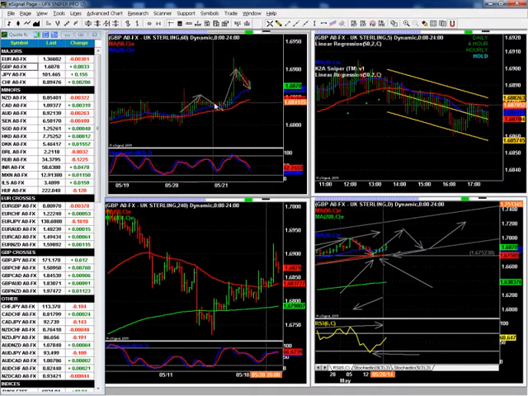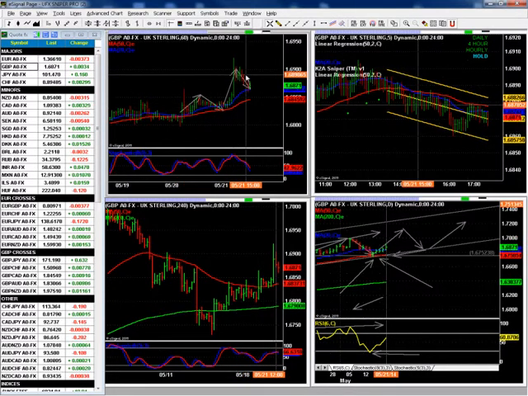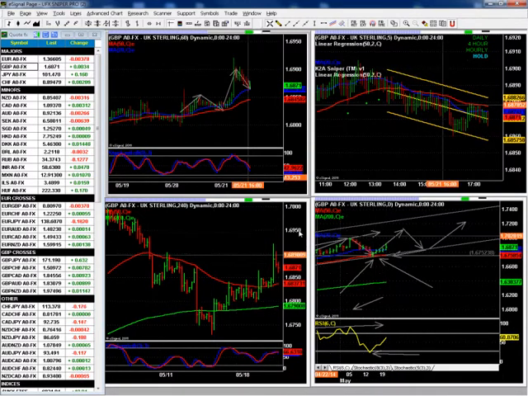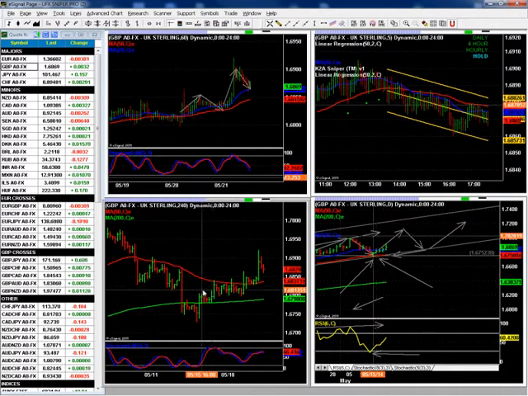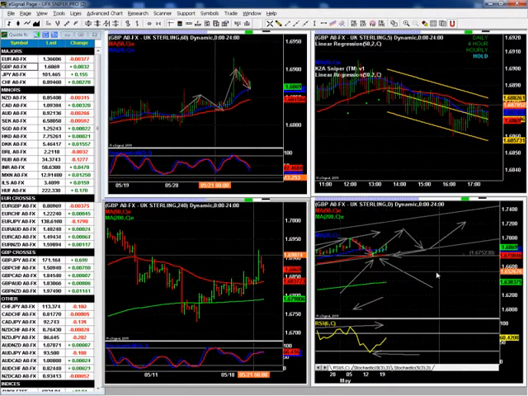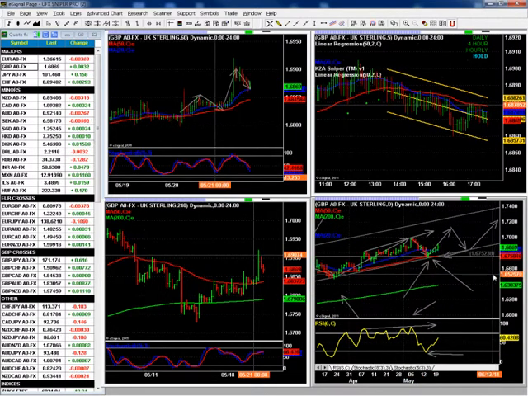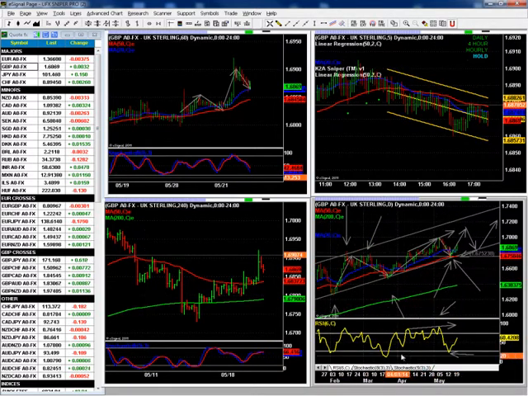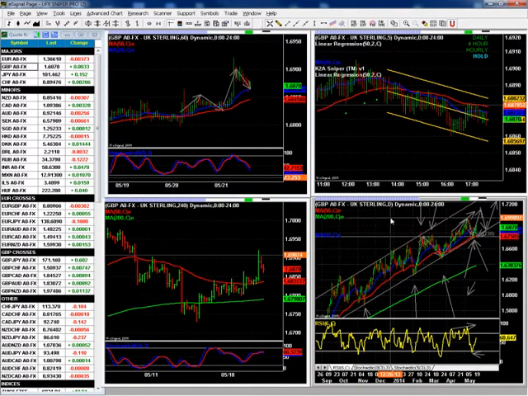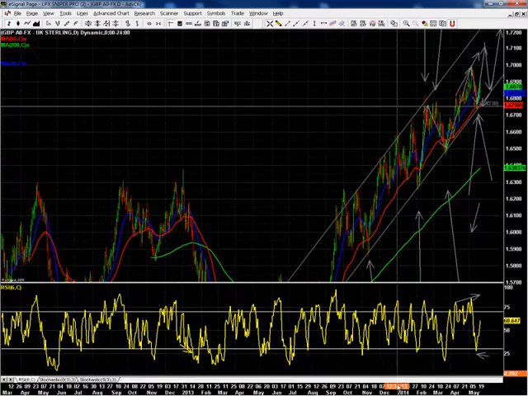You breathe in and out, in and out. Even the 4-hourly chart has just been pushing up. But the most beautiful one of all is the daily chart, which is this one here.